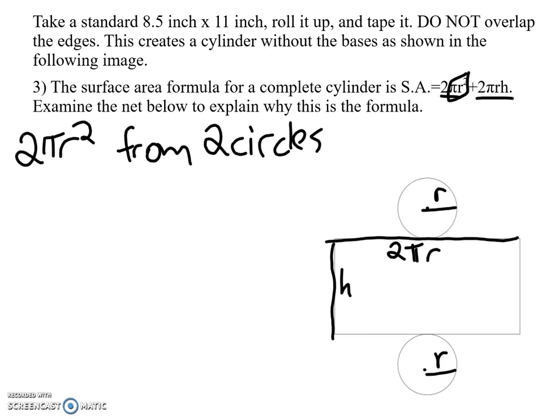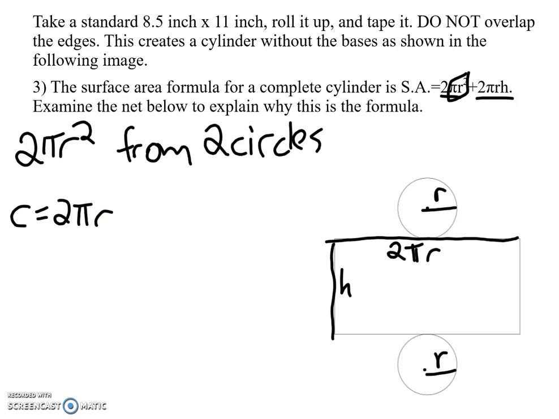So 2 pi r times h, because it's length times width. So 2 pi r. Well, 2 pi r, we should remember, is the circumference. That's one of the two ways. We can either say it's the diameter times pi, or it's 2 times the radius times pi.